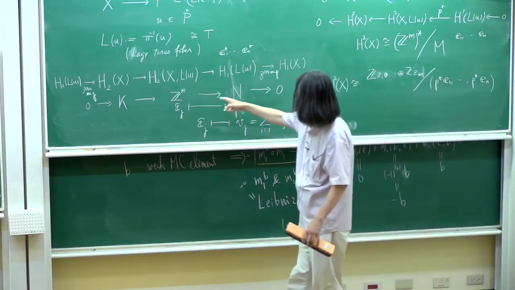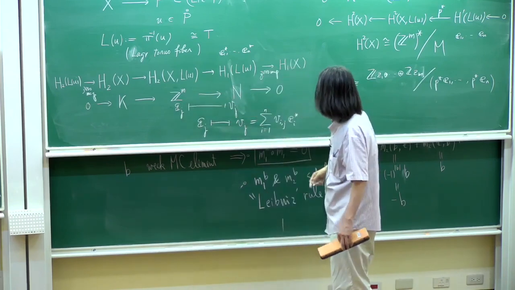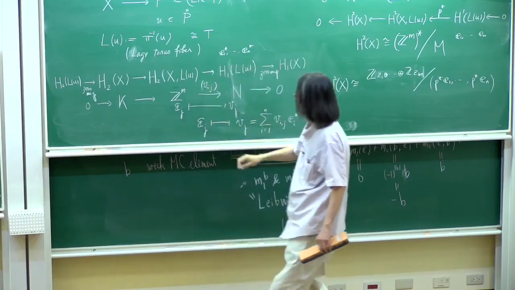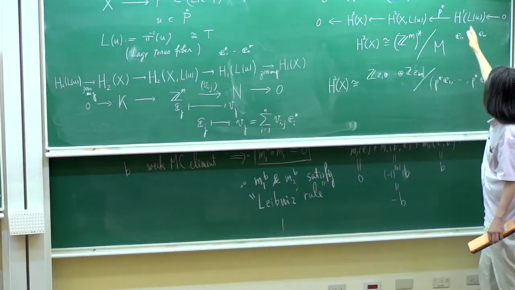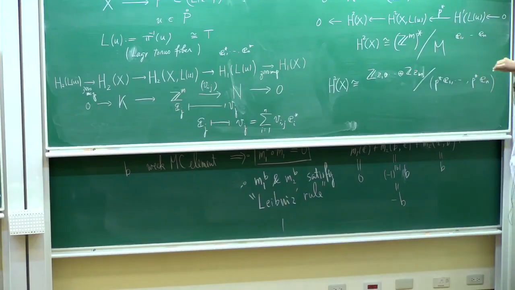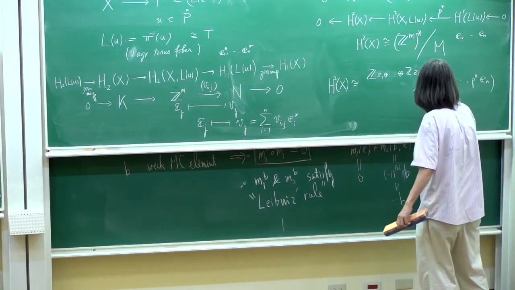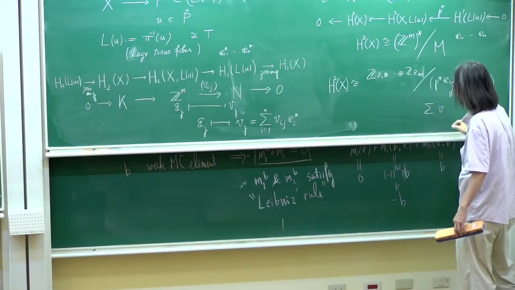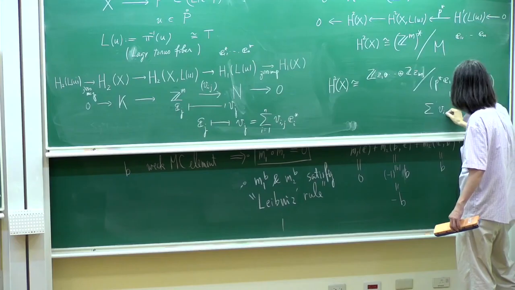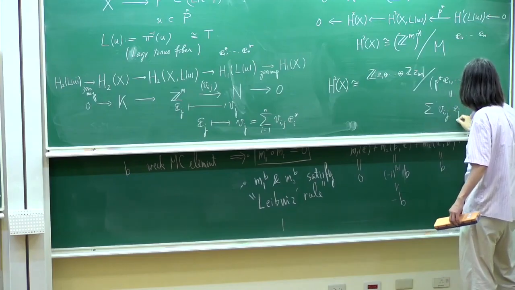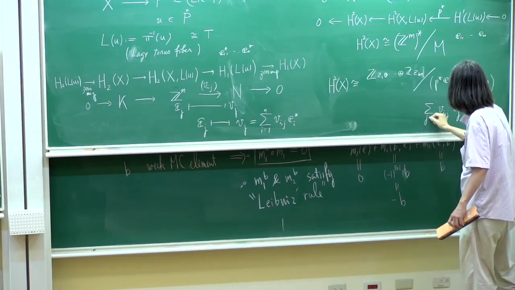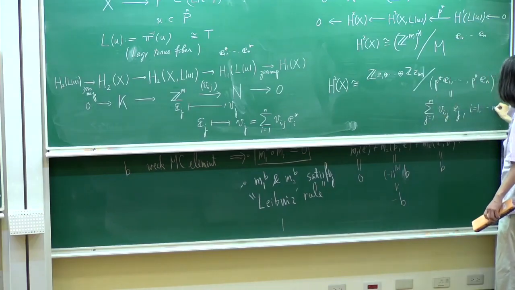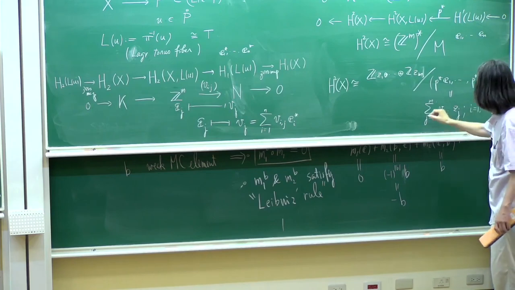So this map is represented by the matrix vij, and then this is the dual of that, right? So therefore this one is actually the sum of vij zj, where j runs from 1 to m, and i is from 1 to m. Okay?